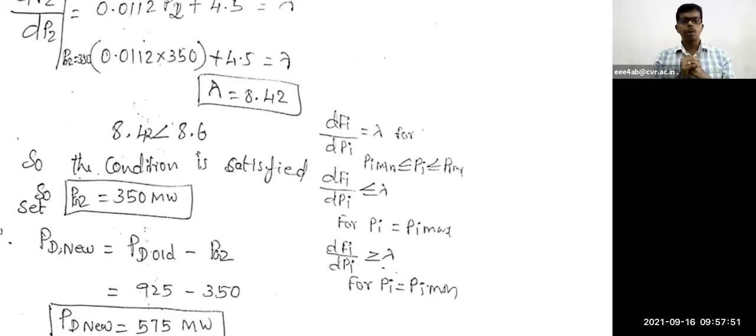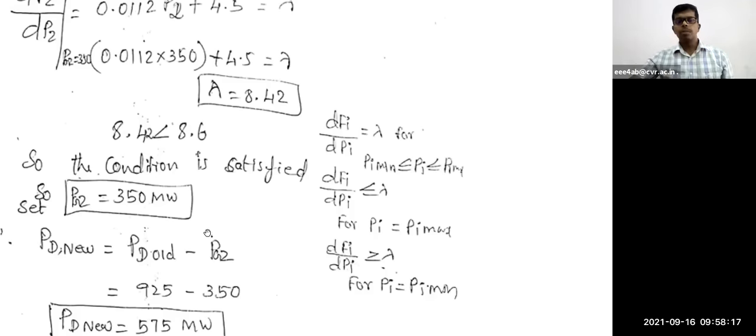Sometimes in some other problem, two generating units do not satisfy the operating limits. In that scenario, we need to sum up those two generating units. After verifying the optimality conditions and coming to the conclusion, P1 is equal to some value, PG3 is equal to some other value, like that. We sum up the values not satisfying the optimality condition.